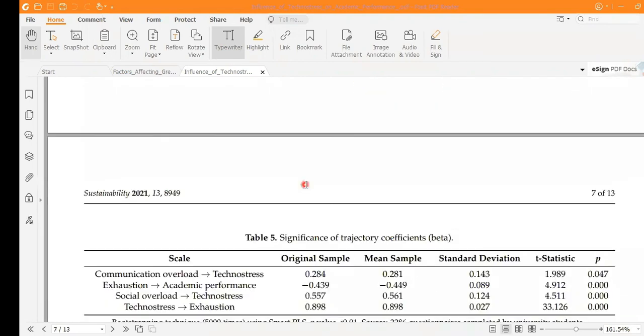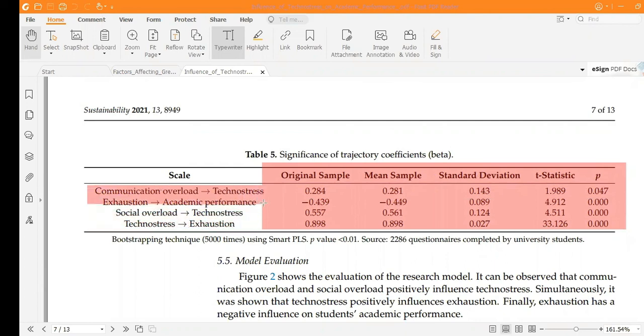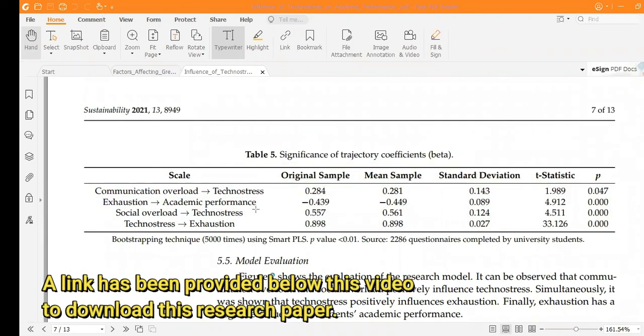Then come back to the same table which I showed you in the last paper. The values are here, and this is the relationship between any two constructs, and this is the p value, and these are the t statistics.